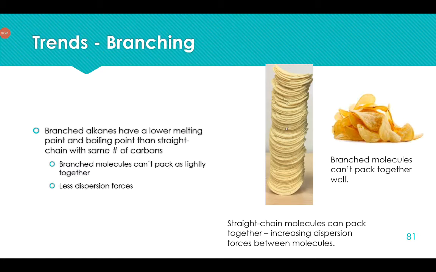Additionally, there are trends for the degree of branching in a molecule. This is akin to Pringles potato chips versus Lay's potato chips. If you have straight chain molecules, then they are able to pack together much more closely than if you have a branched shape.